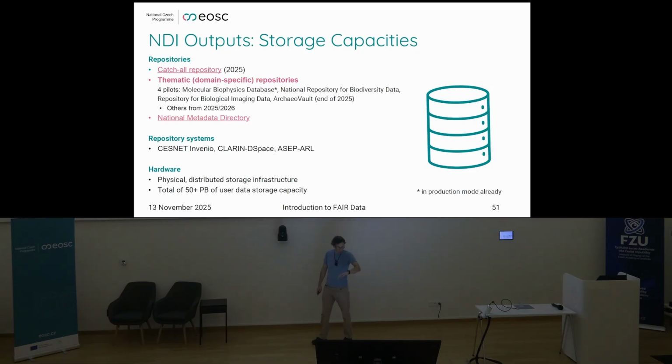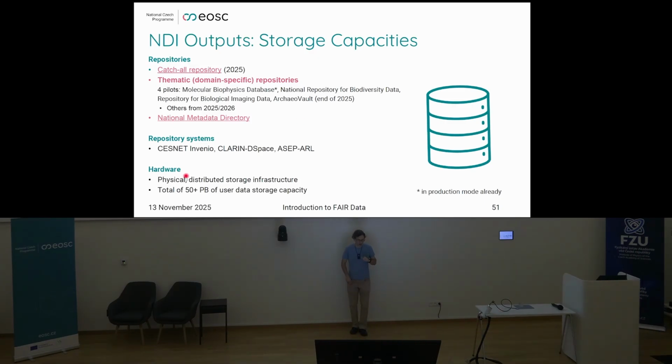Now just a few slides about some concrete services. One of them is the Czech Catch-all repository that's available, and for pilot repositories, topical repositories are now under construction. The molecular biophysics database is now in production mode.